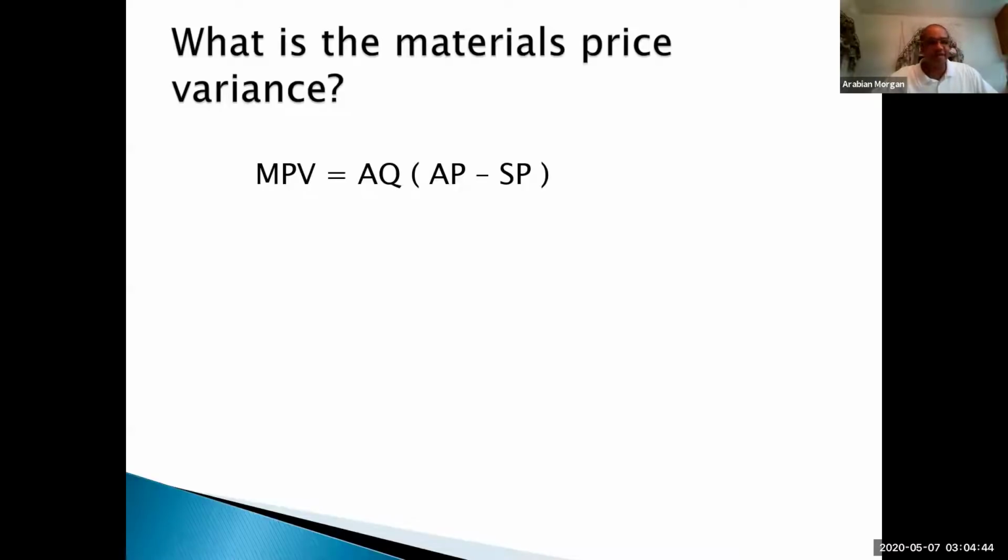So I'm going to take the actual quantity, the actual price, and standard price, and it's going to look a little bit like this in the formula. Now, some of you are going to get ahead of me, so I'm going to say right now, your final answer here should not be a negative or a positive number. We're going to use absolute value numbers in our final answer.